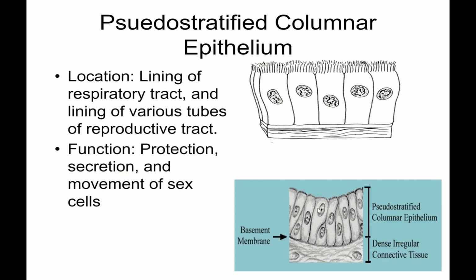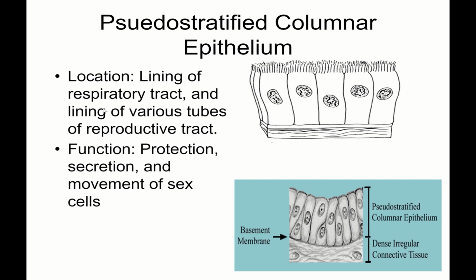And when we see nuclei stacked on top of each other, that's a really good indication that we're looking at stratified epithelial tissue. However, in pseudostratified, you can see that there's not really a clear delineation between those nuclei being in one layer or another. They're kind of staggered. And that's how we're going to tell this apart from a stratified epithelium.